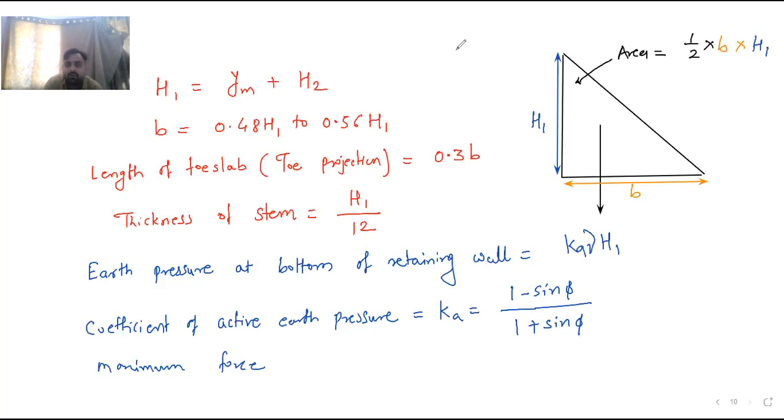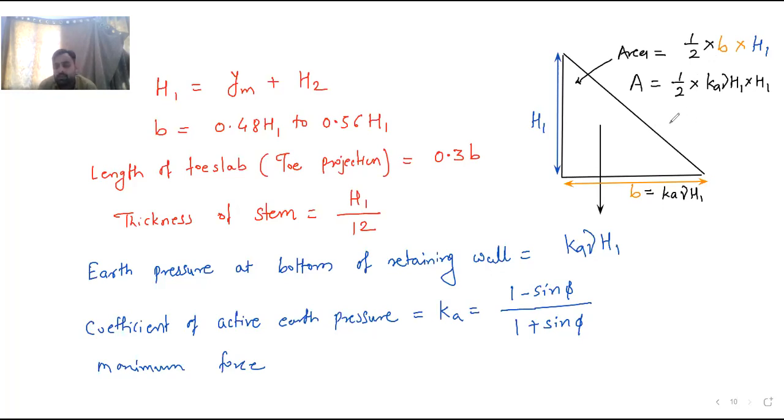Now if you further simplify, this B is nothing but Ka into gamma into H1. If I put the formula, it is half, the base is Ka into gamma into H1, and then into H1 again.